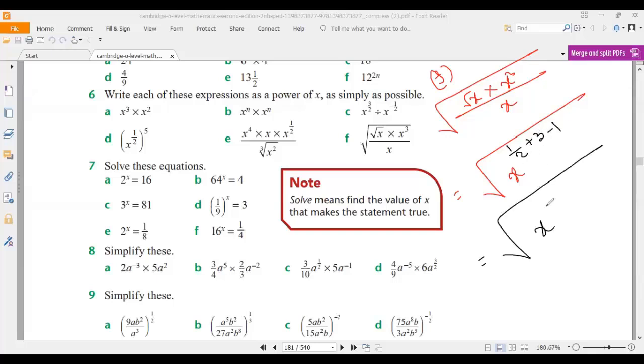So here 2 is our denominator. So 3 minus 1, that is 2. 2 plus 1 by 2 will be 5 by 2. So right now, if I want to remove the square root, then we need to multiply the power by 1 by 2. So the final answer will be x to the power 5 by 4.